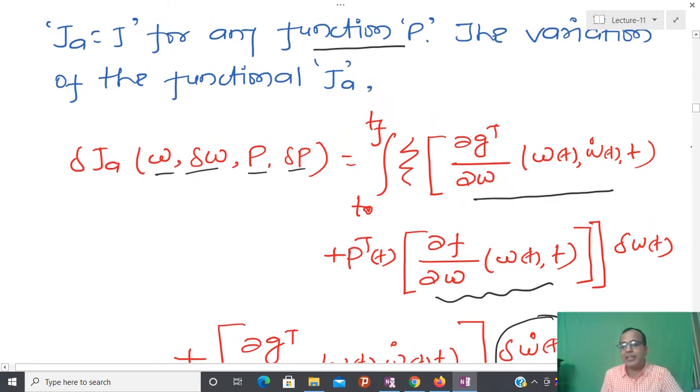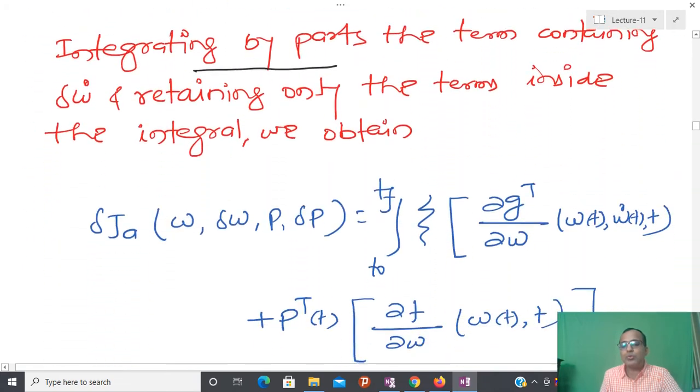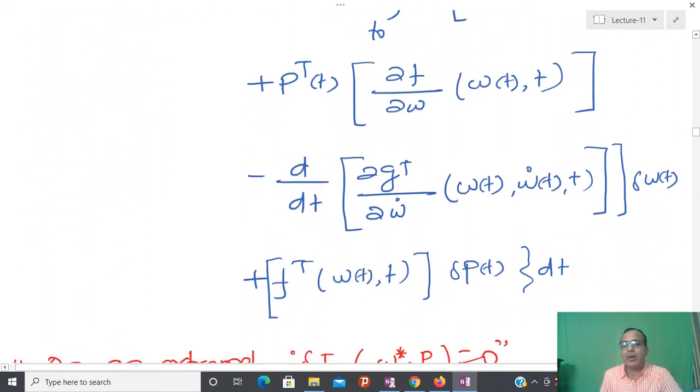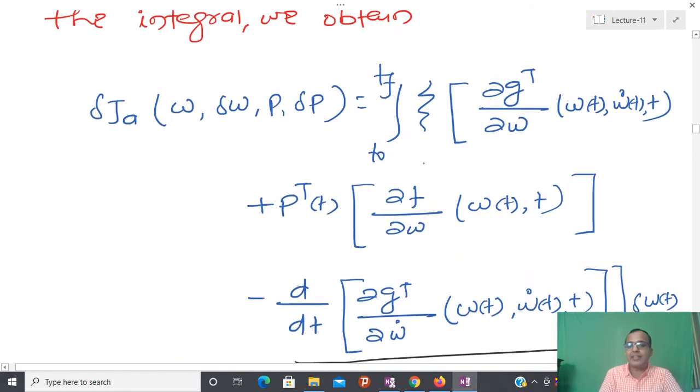If you do that, I have just one term, d by dt and dg by dt. Basically I have the integral from t0 to tf, and that is reflected here.